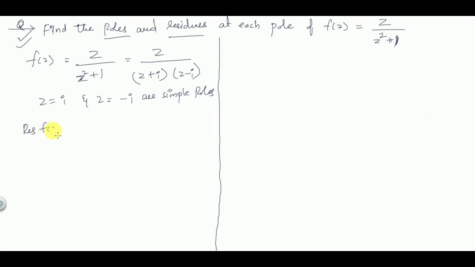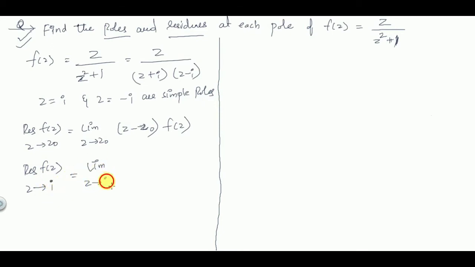So residue of f of z at z is equal to z naught for a simple pole is limit as z tends to z naught, z minus z naught into f of z. So now first, residue of f of z at z is equal to i is limit as z tends to i, z minus i into f of z. f of z is z by z plus i into z minus i.